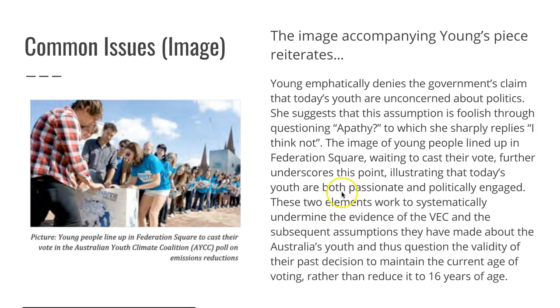These two elements, that is the questioning and the image, work together to systematically undermine the evidence of the VEC, which is what was quoted in an earlier part of her article, and the subsequent assumptions they, the VEC, have made about Australia's youth, and thus question the validity of their past decision to maintain the current age of voting, rather than reduce it to 16 years of age.